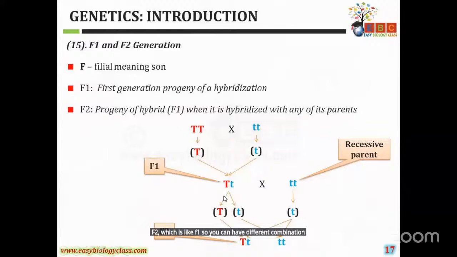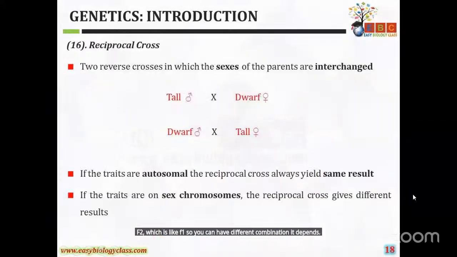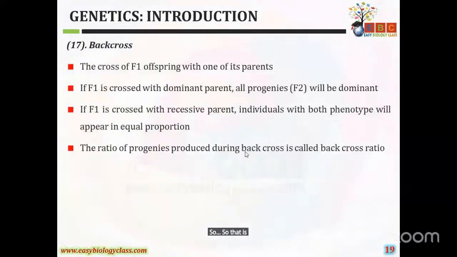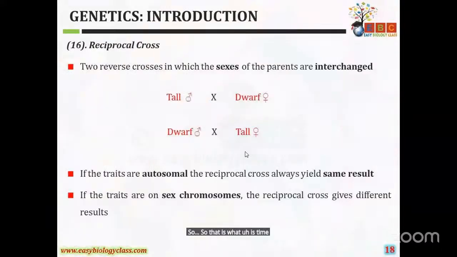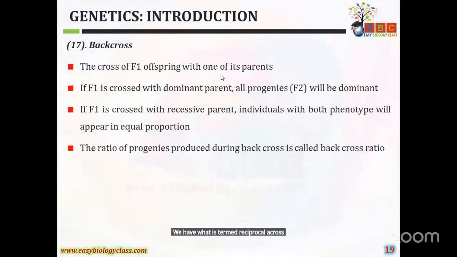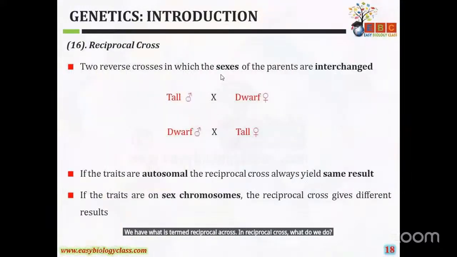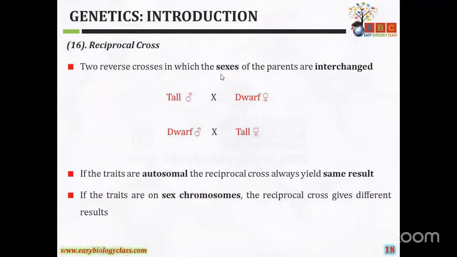It depends. So that is what is termed reciprocal cross. We have what is termed reciprocal cross. In reciprocal cross, what do we do? We reverse the sexes of the parents.